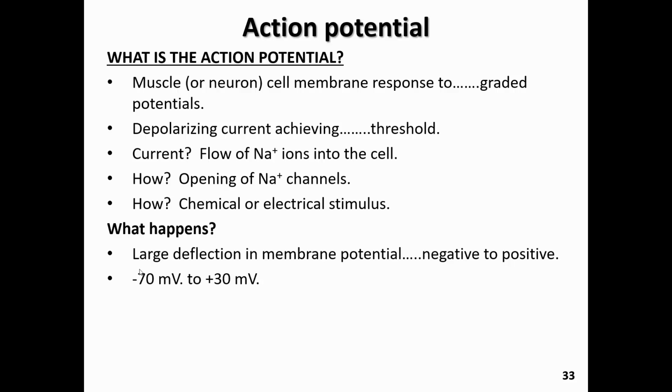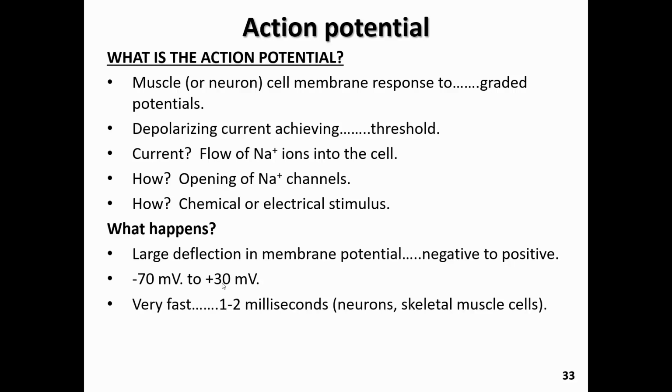So in this example, if we have a particular cell that's resting at -70 millivolts inside with respect to the outside, an action potential will cause that interior environment to move to +30. Our polarized cell has now depolarized to +30.